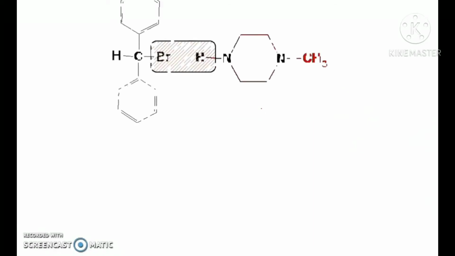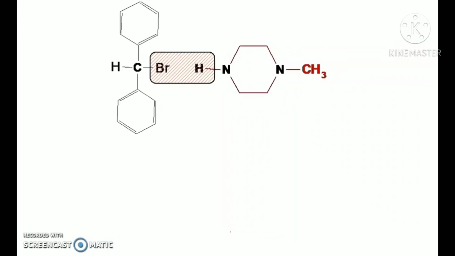Now coming to the last step of the synthesis, that is the introduction of the aryl substitution at the second nitrogen atom. And for that, the 1-methyl piperazine is alkylated using benzhydryl bromide. So benzhydryl bromide is a diphenyl methane.